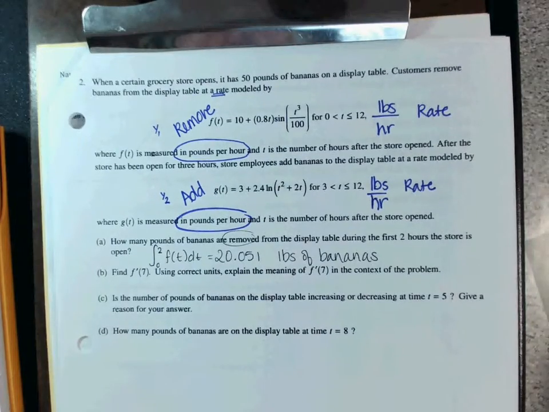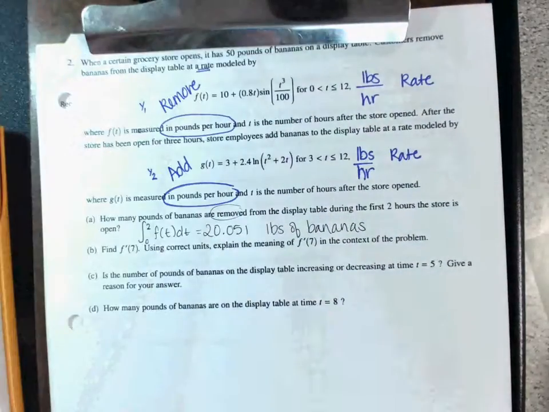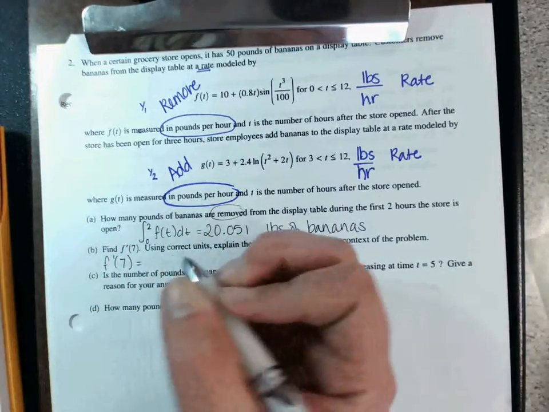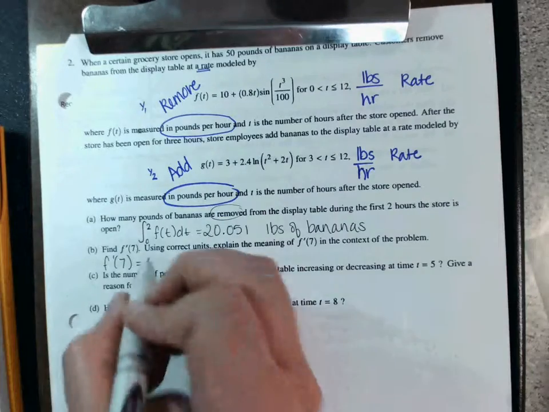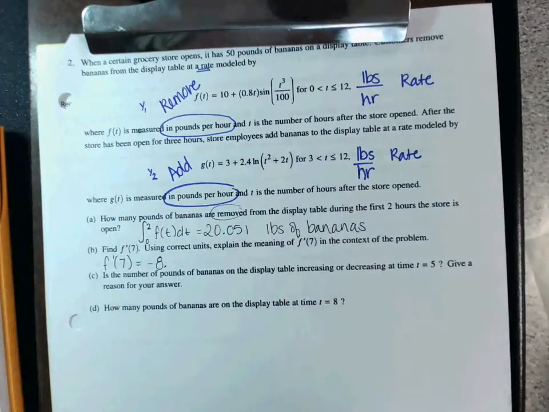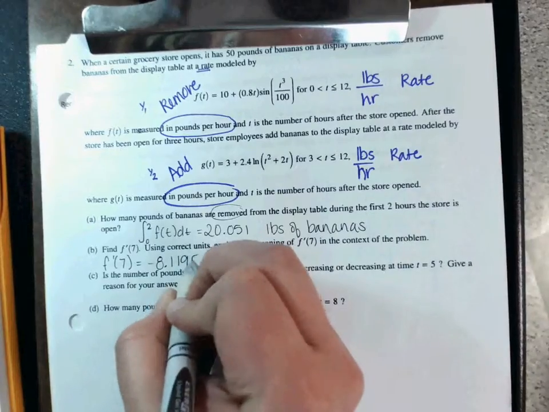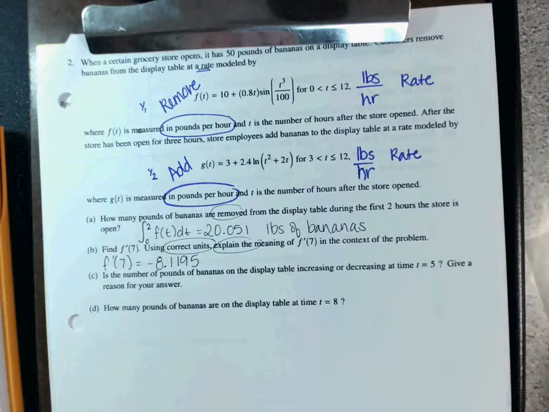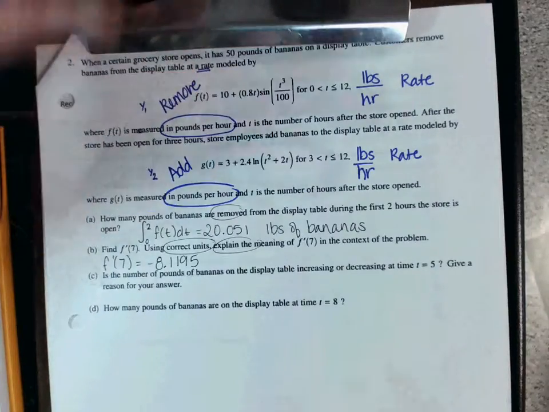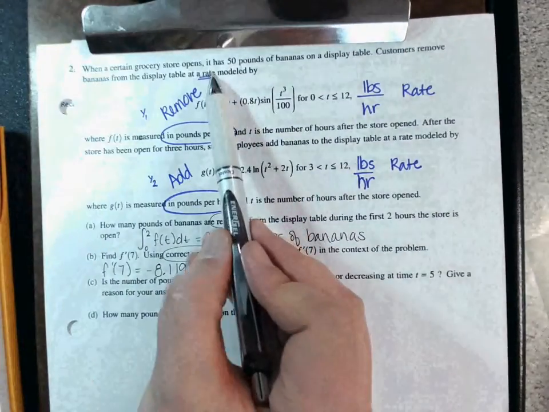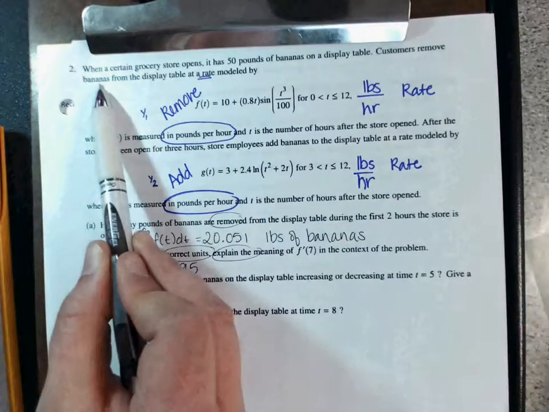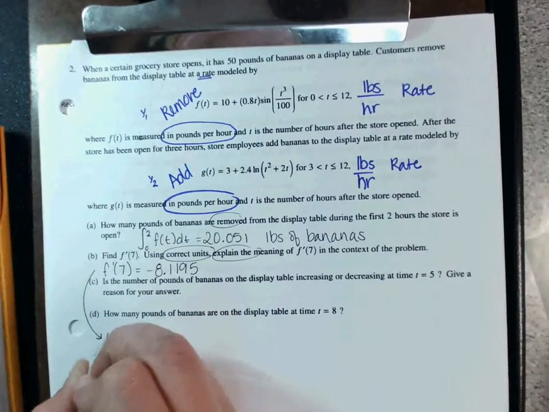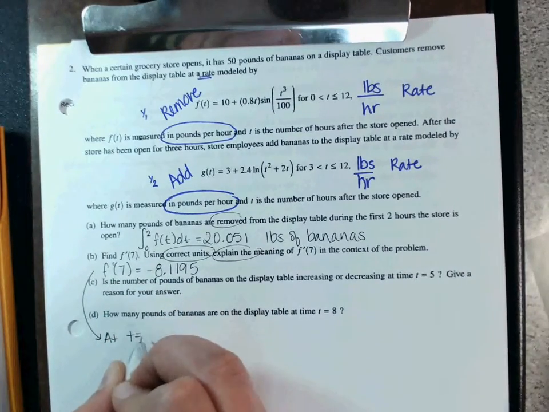Okay, part B. You should have found the derivative. What did f prime of 7 come out to be? Positive or negative? Negative 8.1195. Then it says using units, explain the meaning. So I want you to think about what F already stood for. The rate that customers were what? Okay, sure.